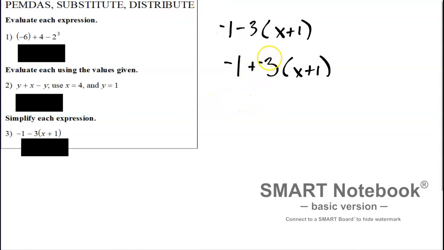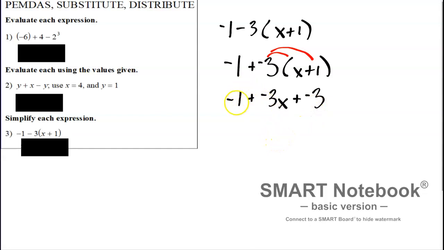Now, at this place, we're going to go ahead and distribute. Okay, if it looks weird, good. It's new to most of you guys, so pay attention. We're going to put this in here, plus negative 3 to the x, then this plus, and negative 3 with the 1 multiplied gives me negative 3.